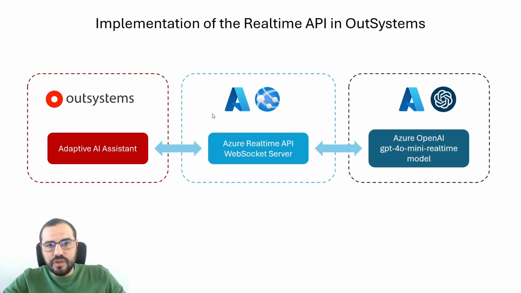So this server, when it runs, connects to the WebSocket on Azure OpenAI, but at the same time it uses Socket.io to expose a WebSocket connection to the outside world, and that's how I connect using OutSystems, because Socket.io in this case uses its own way of authenticating.